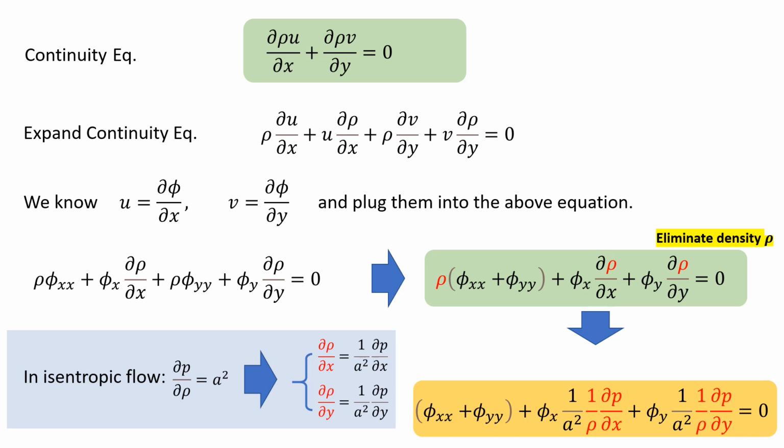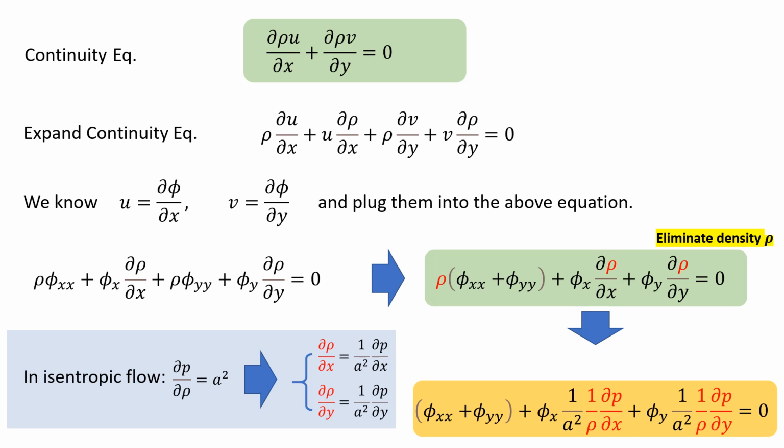So the original continuity equation can be expressed by the velocity potential, but we can still see there is 1 over rho times partial p partial x and 1 over rho times partial p partial y, which are in question. We don't know what they are. So let's see.